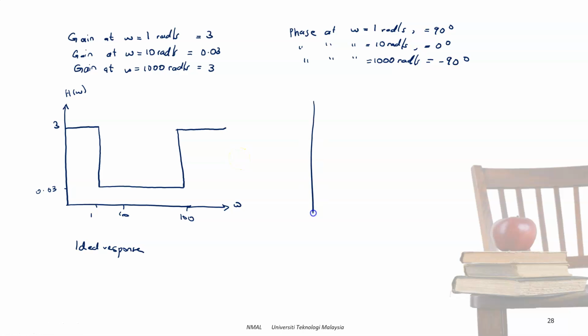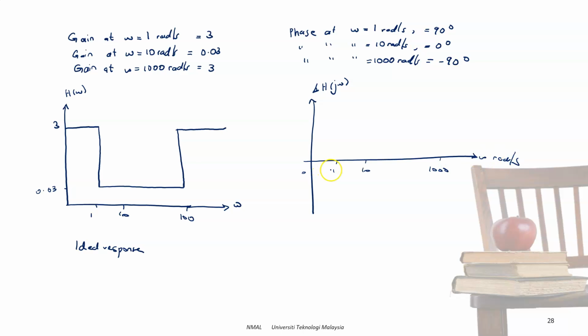So in terms of the phase, we have the phase for H(jω). Actually, you can also put H(ω), and then from 0. Okay, and then we have 1, 10, and 1000 for omega.